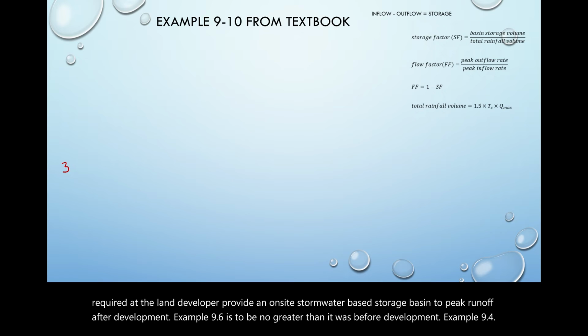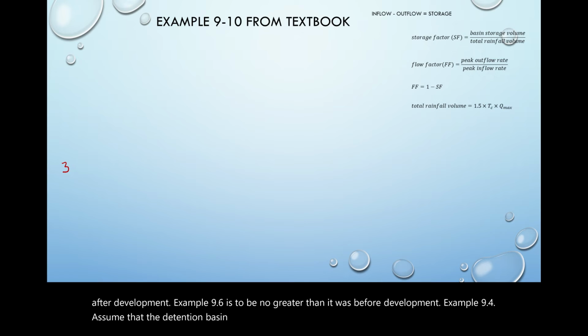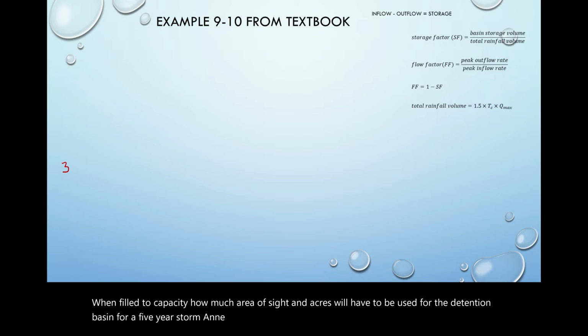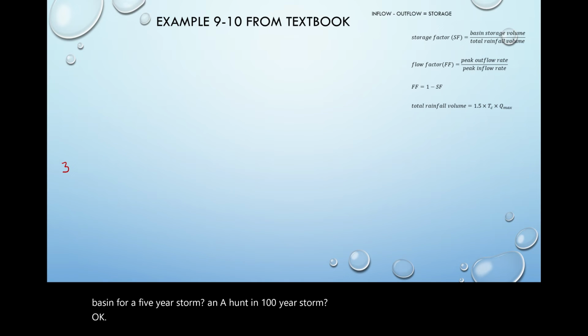Assume that the detention basin will have an average water depth of 6.5 feet when filled to capacity. How much area of site in acres will have to be used for the detention basin for a 5-year storm and a 100-year storm? Okay, so this one here goes into a lot of detail.